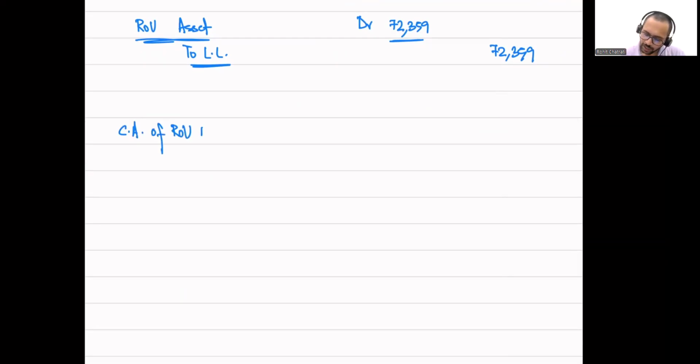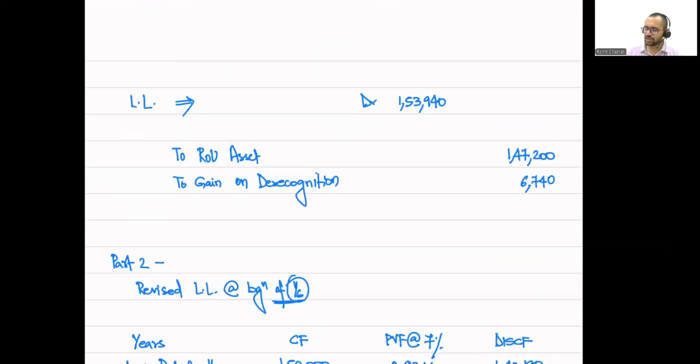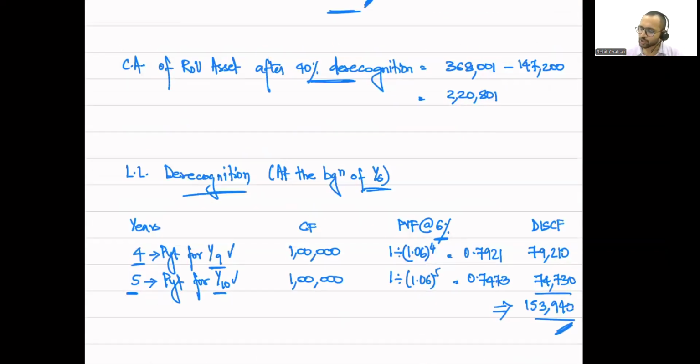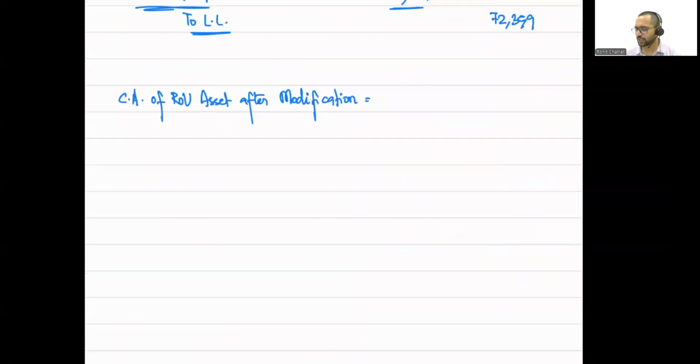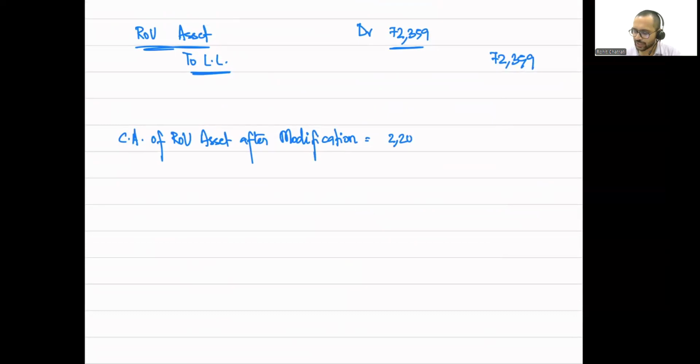All right, finally, we'll have the carrying amount of ROU asset after modification. Earlier we had the carrying amount after 40% derecognition, which was 2,20,801. I am now increasing it by 72,359.